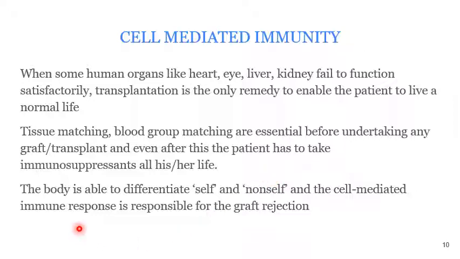So this response is very important for grafting and transplantation. Cells can produce many chemicals and many immune responding chemicals that will be helpful to fight the foreign or outside tissue, organ, or even the pathogens.